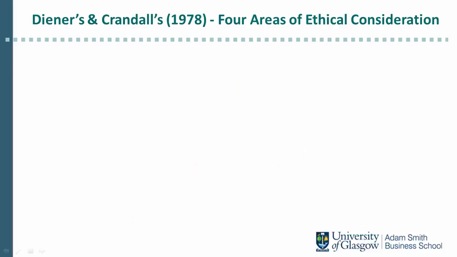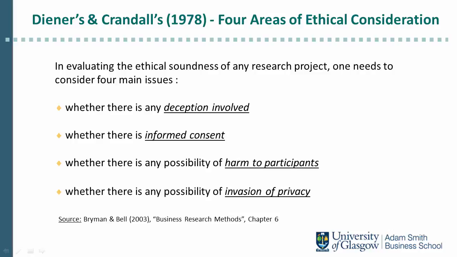Discussions about ethical principles in research, and perhaps more importantly, transgressions from those principles, tend to revolve around certain issues that recur in different guises, but that have been usefully broken down by Diener and Crandall in 1978 into four main areas: whether there is any harm to participants, whether there is lack of informed consent, whether there is an invasion of privacy, or any deception caused by the research.